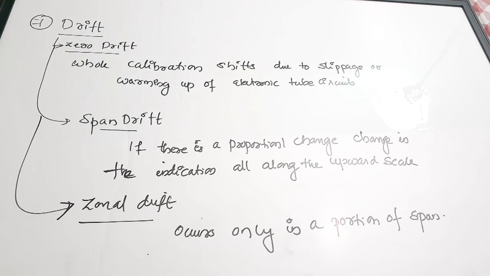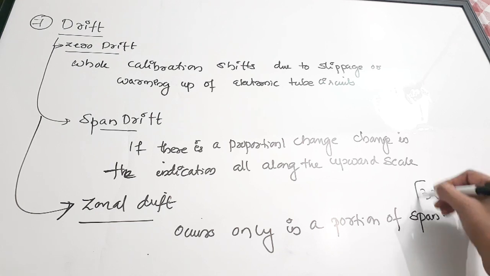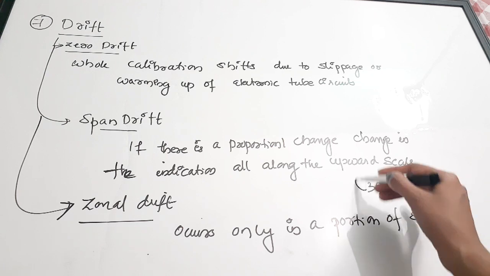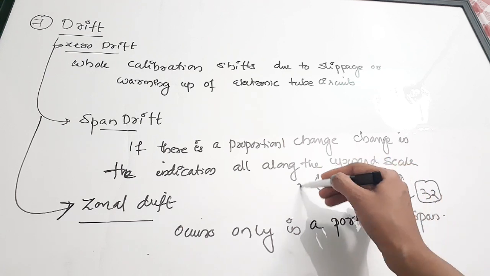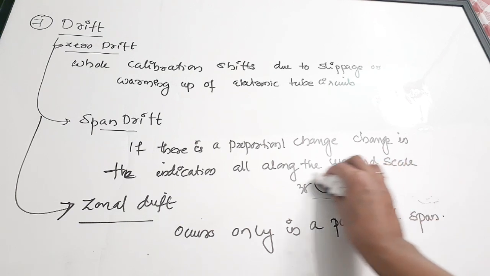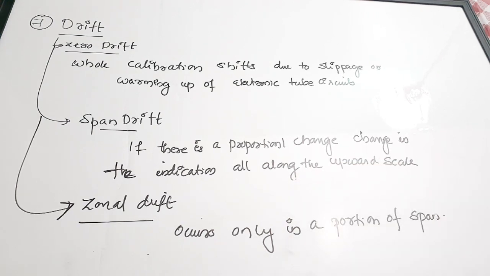Consider that your expected reading is 32. The first reading you got is 34, then 36, then 38, meaning there is a proportional variation in your reading, right? This type of drift is called span drift. It is a proportional change in the indication all along the upward scale.